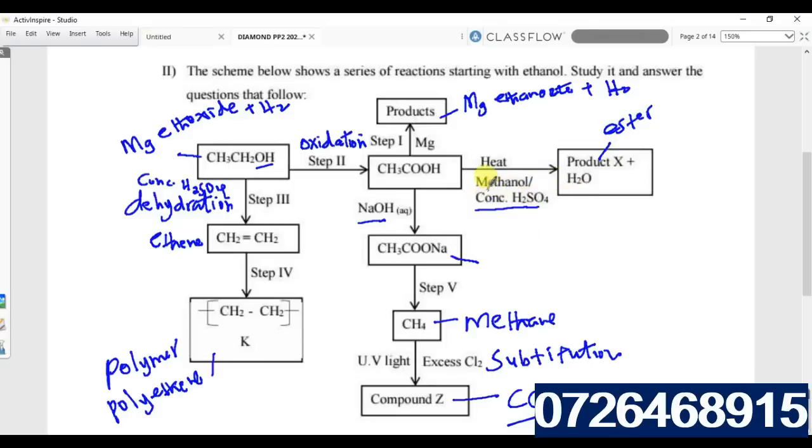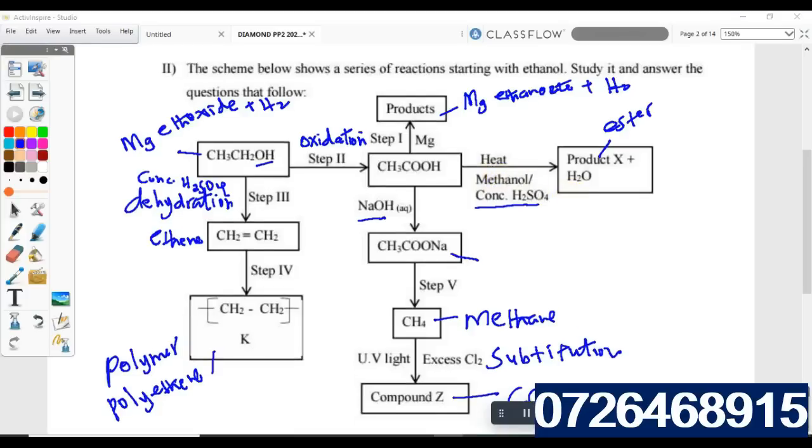So what will be the name? The alcohol is methanol, so we are going to form methyl ethanoate.